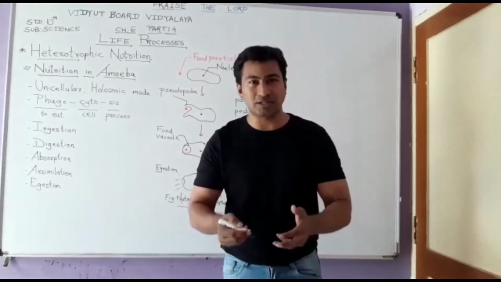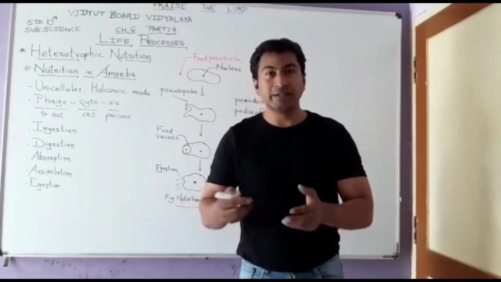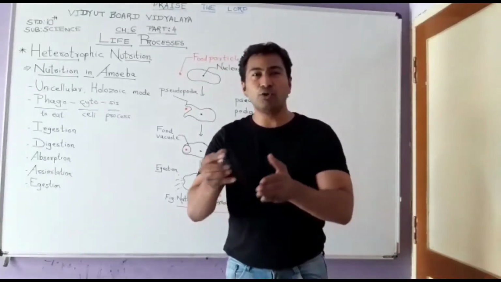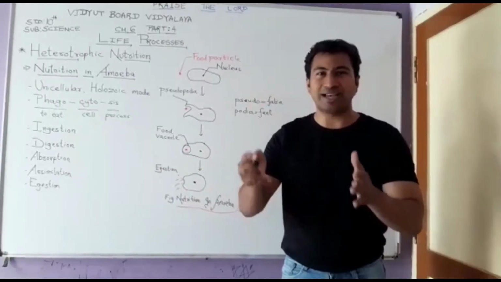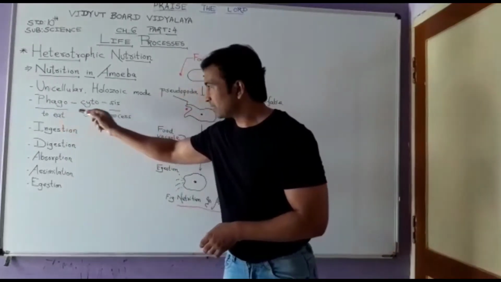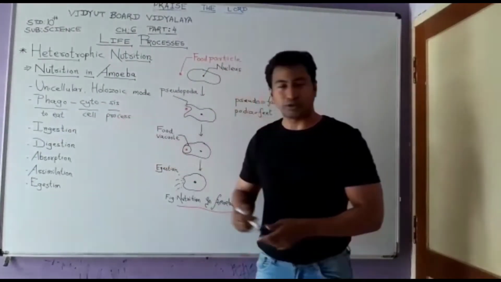And this process of obtaining food by amoeba using pseudopodia is said to be phagocytosis. Let me divide the word phagocytosis. Phago means to eat, cyto means the cell, and sis is the process.